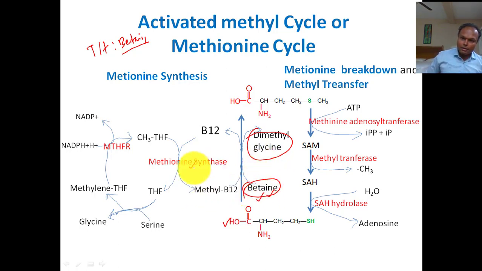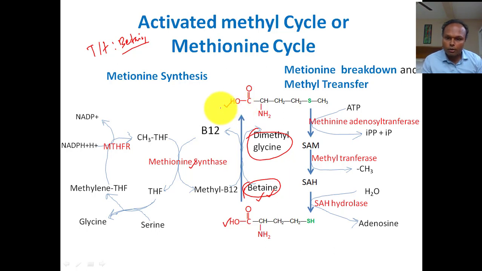So in this condition, we have the option of betaine. If we supplement with betaine, homocysteine will be rejuvenated into methionine, so this cycle goes on and on, and we will not have a problem. So this is all about this concept.